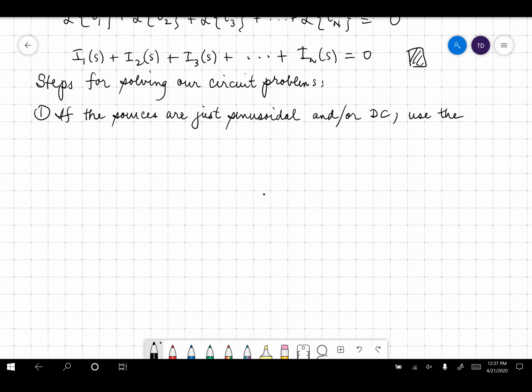So don't use Laplace. Use the circuit techniques already discussed this semester. So that's DC analysis or phasor analysis.